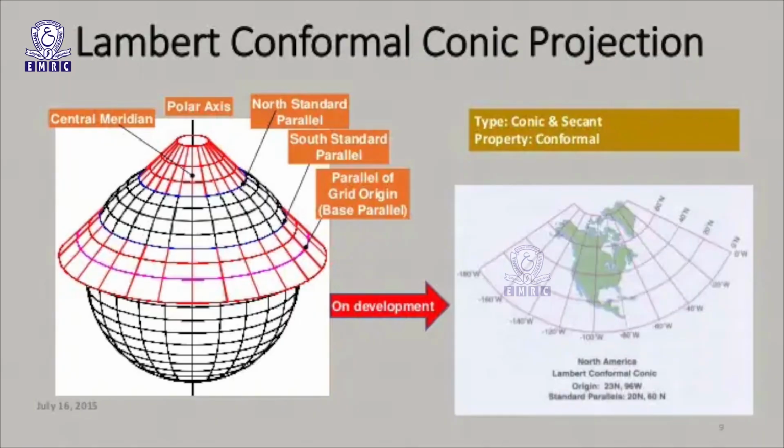Projected coordinate system. The projected coordinate system is built on a map projection. Projected coordinate system and map projection are often used interchangeably. For example, the Lambert conformal conic is a map projection, but it can also refer to a coordinate system.